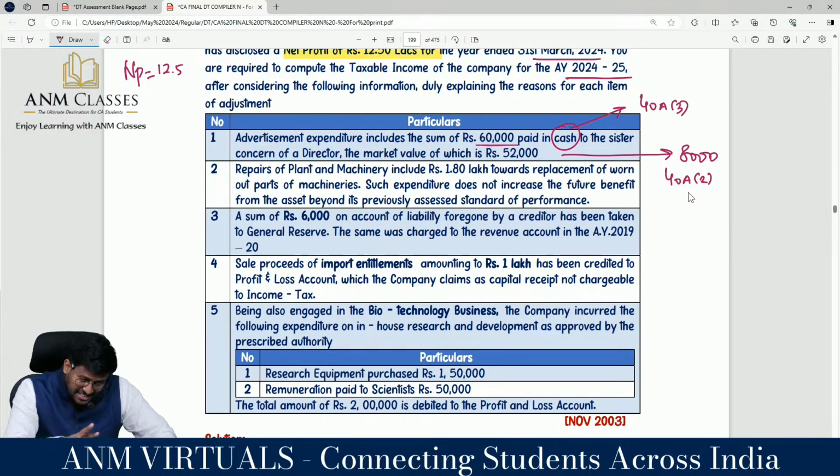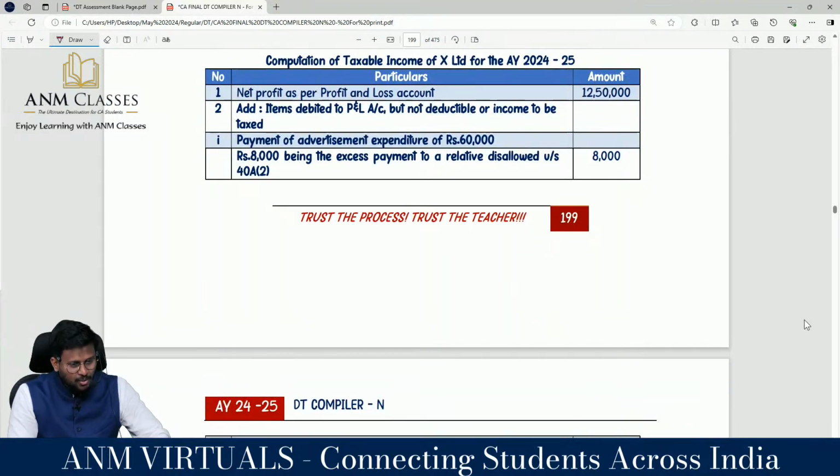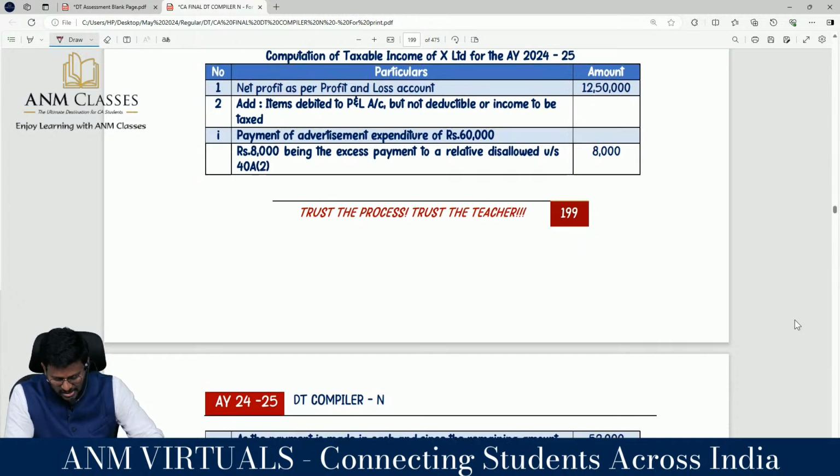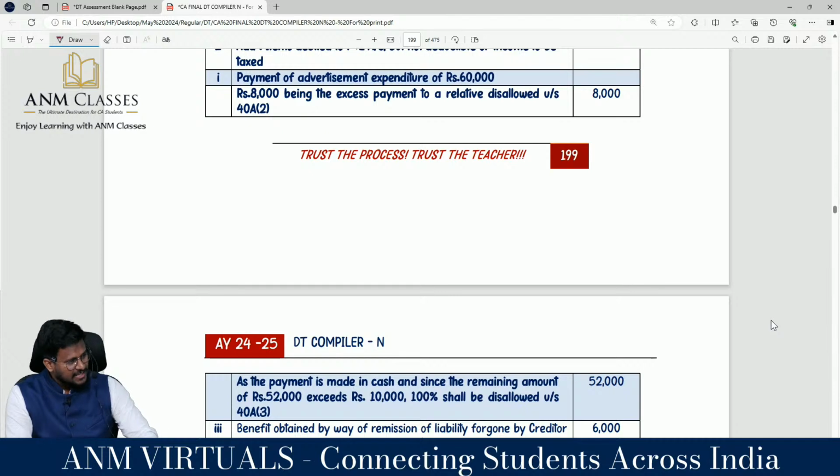There may be a chance that the balance may be less than 10,000 or 35,000, as the case may be. So 40A subsection 3 will not get the chance to tax. Are you really with me? So will the entire amount be taxed under 40A subsection 3? The question arises.